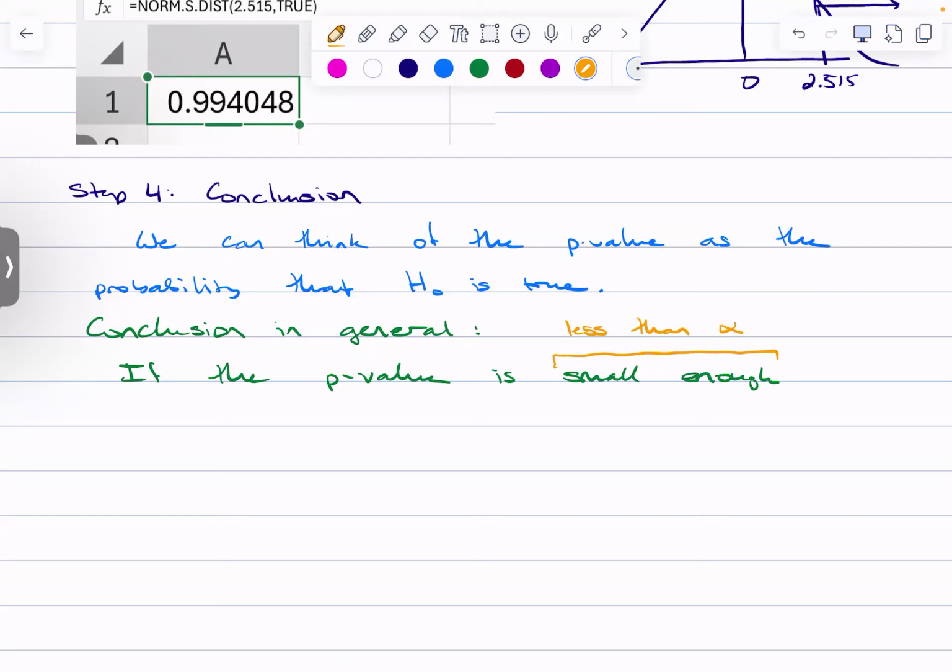We also saw that alpha is the predetermined type 1 error rate that we're okay with having. And so if the p-value is small enough, so less than alpha, we have enough evidence to reject H naught.